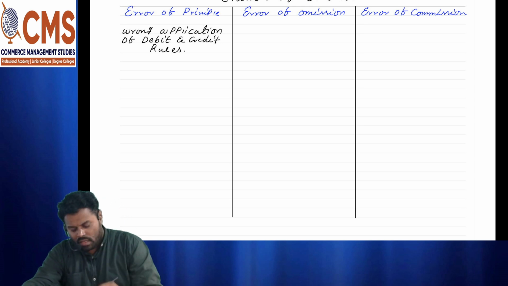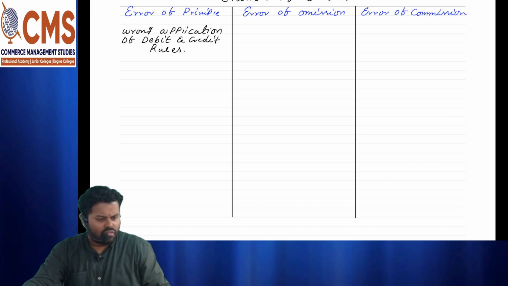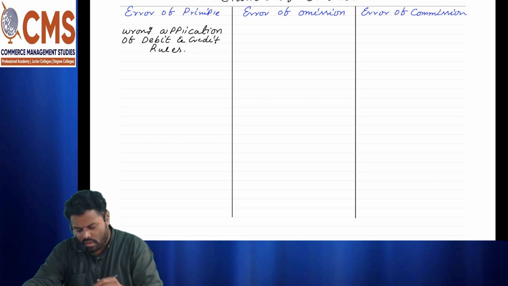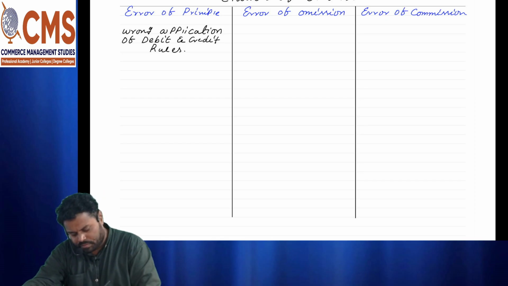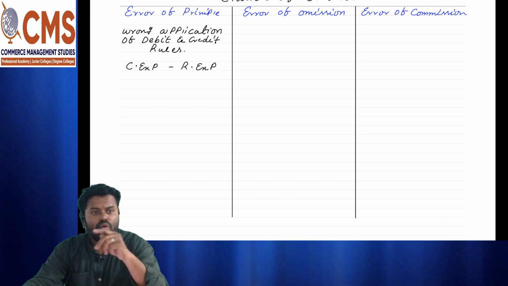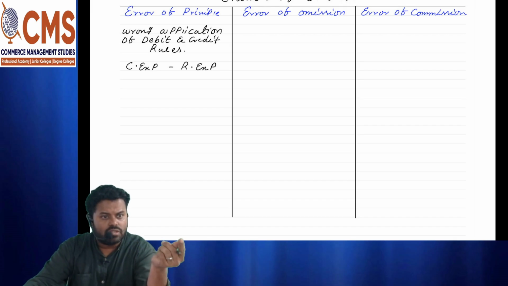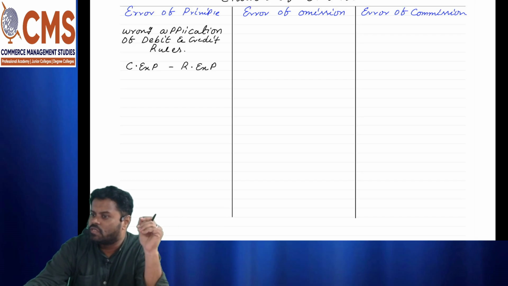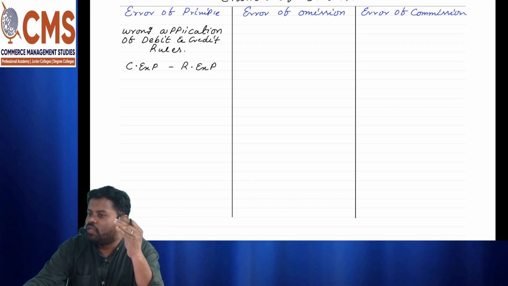Now, for ease of understanding for my students, I usually divide them into categories. Let's understand them. First one, capital expenditure is treated as revenue expense. Expenditure is something that gives long-term benefit to the business. Something that gives limited time benefit to the business is called expense or expenses.